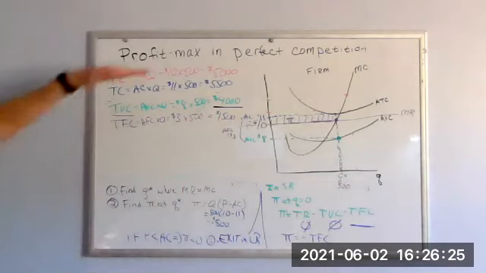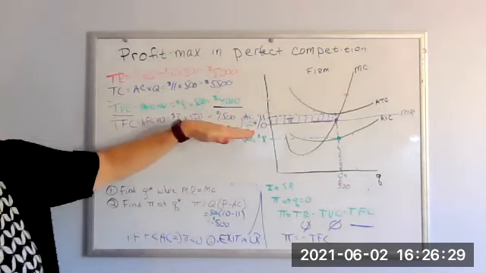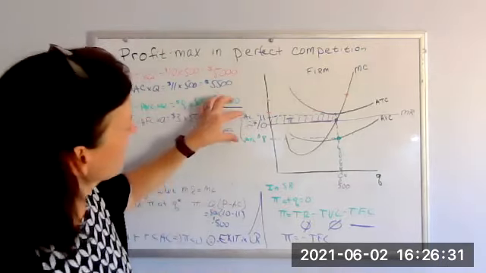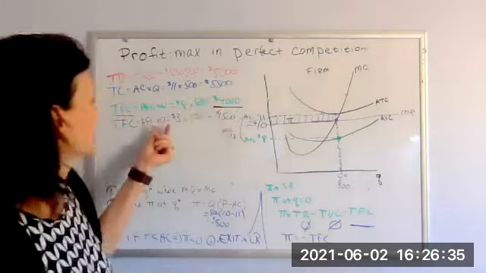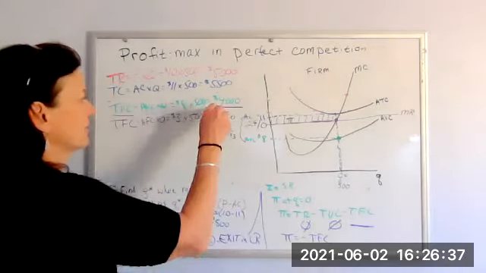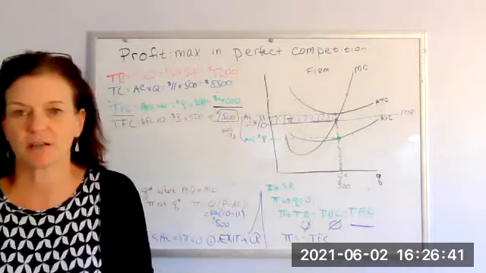I could have done it either way. I could have got my totals and said, here's my total cost, here's my total variable cost, so my total fixed cost is the difference. Or I could say, here's my average cost, here's my average variable cost, my average fixed cost is the difference, and then multiply that by Q. Either way, I come up with the same answer. My total fixed costs are $1,500.